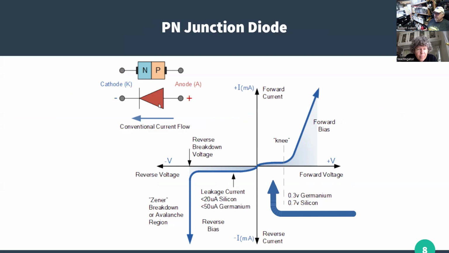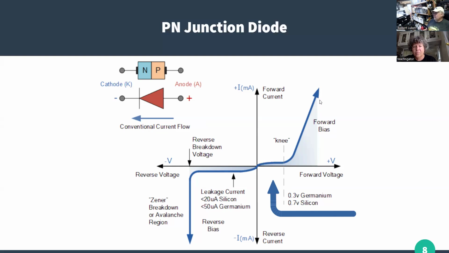Just another example of this. The symbol that we use in conventional current flow is going positive to negative. If you look at this graph, it's showing current versus voltage. So you can see the current is very low. There's some leakage current until we get up to what we call the knee. And that's where we see this 0.3 or 0.7 volts.